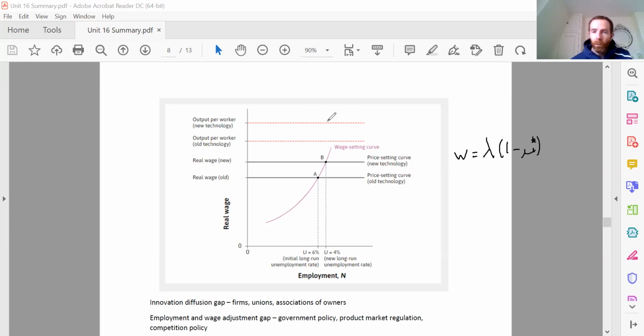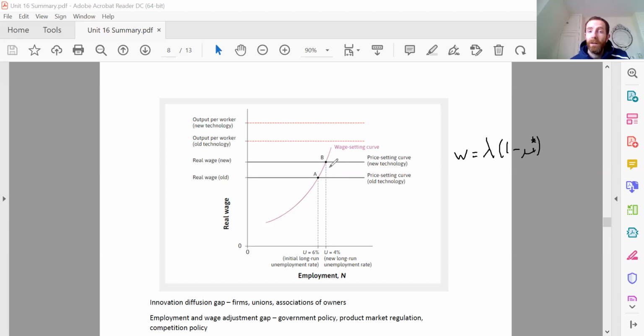What will be the knock-on effect of that? Before going into the details, the price setting curve will move upwards, and we can see that directly looking at this equation. If lambda goes up, W goes up, and that W is the real wage, the profit maximizing real wage, which is what the price setting curve is.